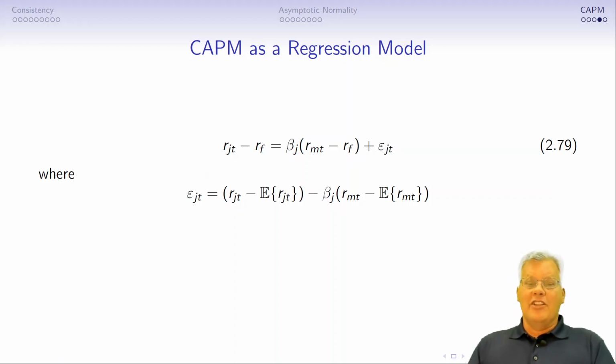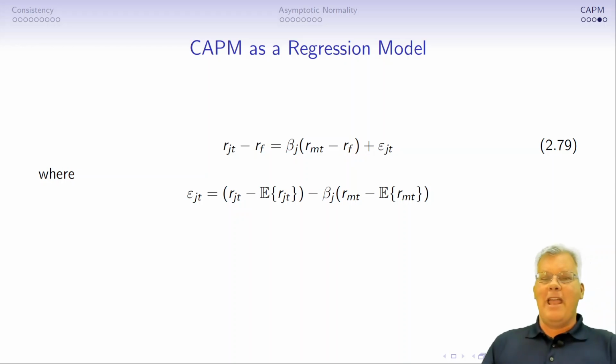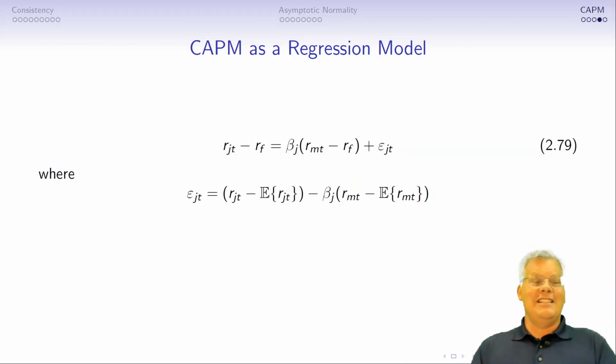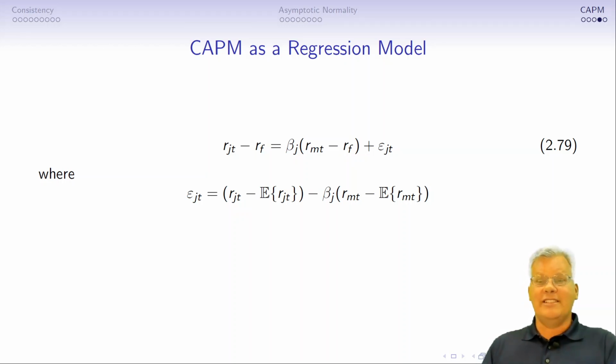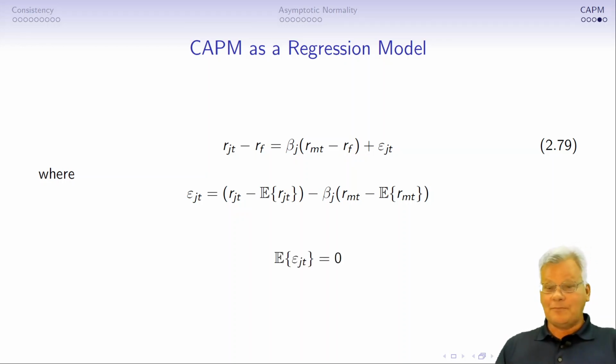So we have on the left-hand side the excess return of the individual security over the risk-free asset, and it's a function of the excess of the market rate of return over the treasury bill as the explanatory variable. Notice that this is an example of a regression that doesn't have a constant or an intercept, and then when we rearrange the terms from 2.77, we get the structural components of the stochastic disturbance term epsilon.